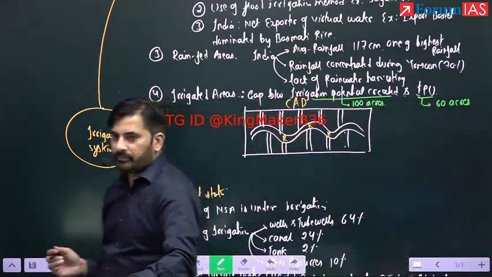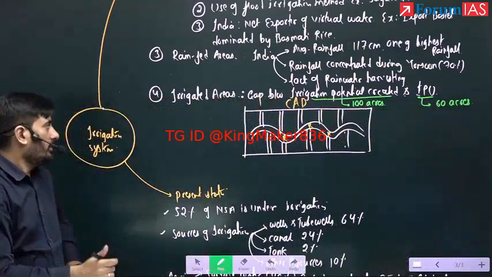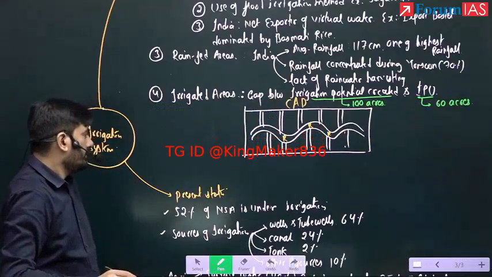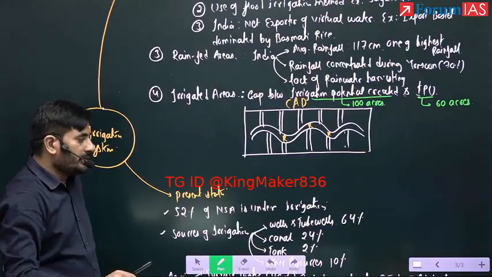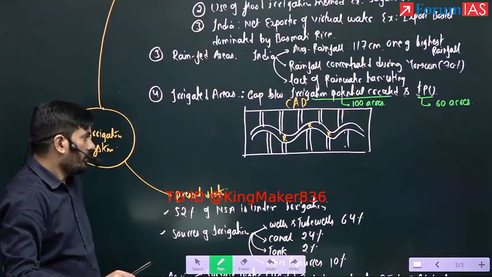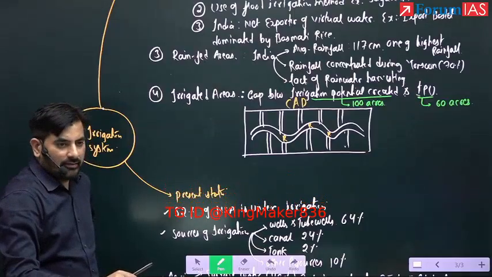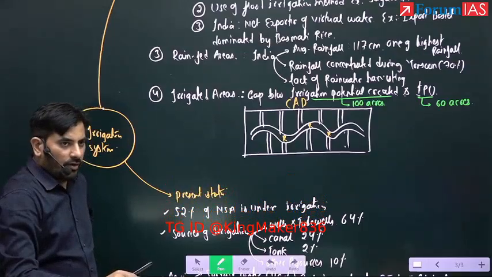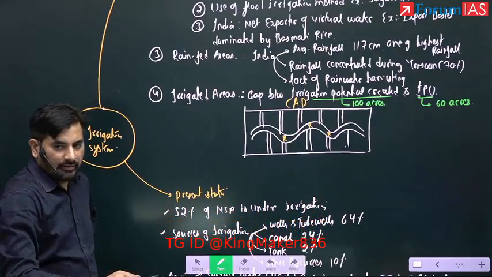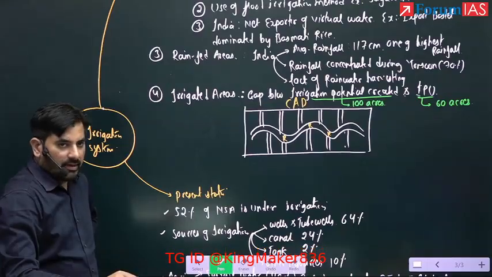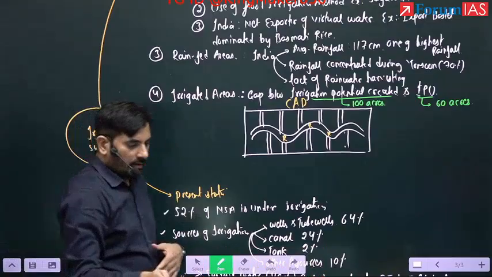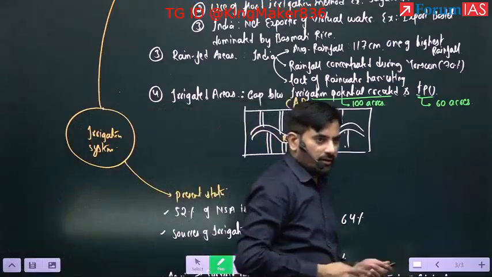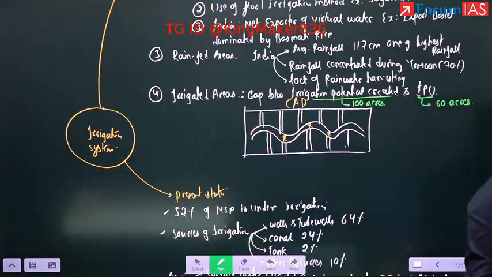Please write. Number one, non-maintenance of canals leading to siltation and seepages.